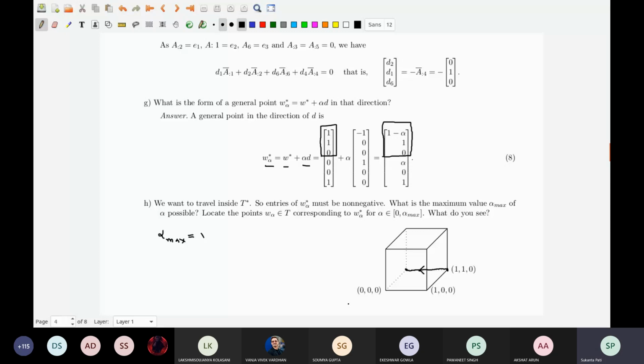You have traveled in this direction. So I am locating the point W star alpha. Remember, the star points are in R6 and the points without star are in R3. So this is a general W alpha.